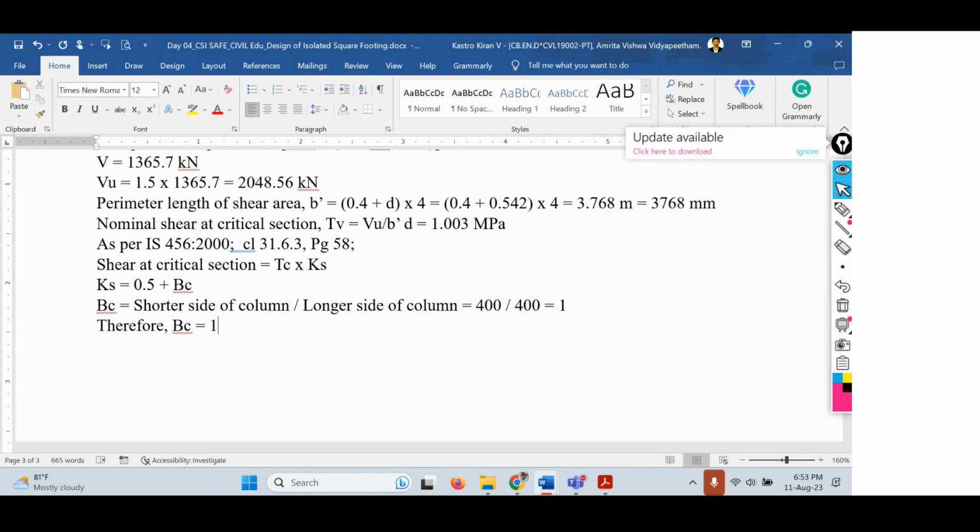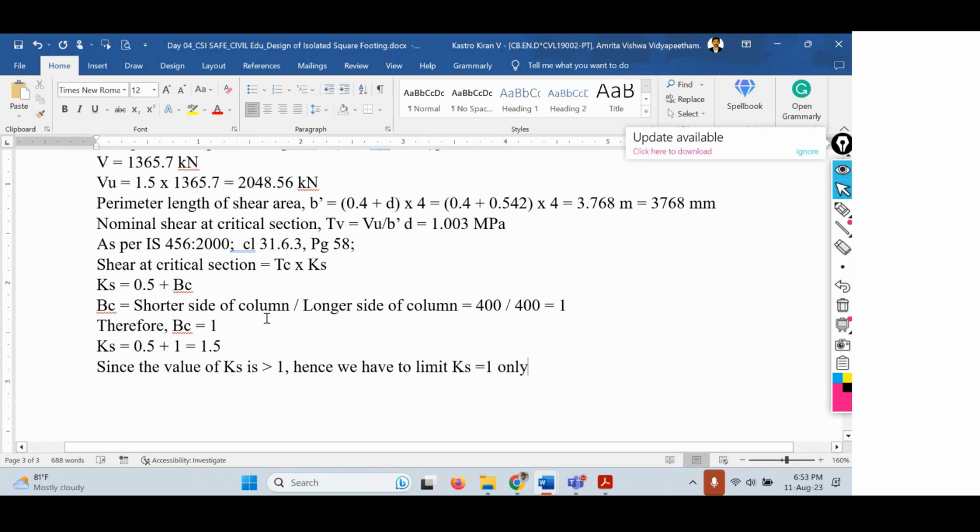Right. So here, next thing is Ks value. Ks equals 0.5 plus beta C. What is beta C value? 1. So 0.5 plus 1 is 1.5. Since the value of Ks is greater than 1, hence we have to limit Ks equals 1 only.